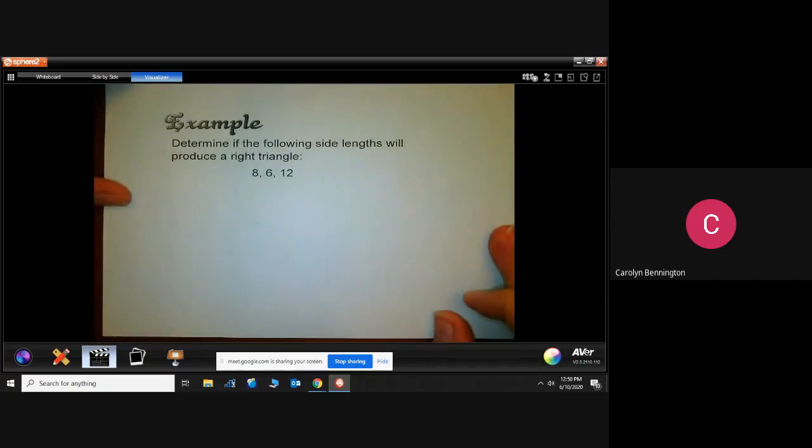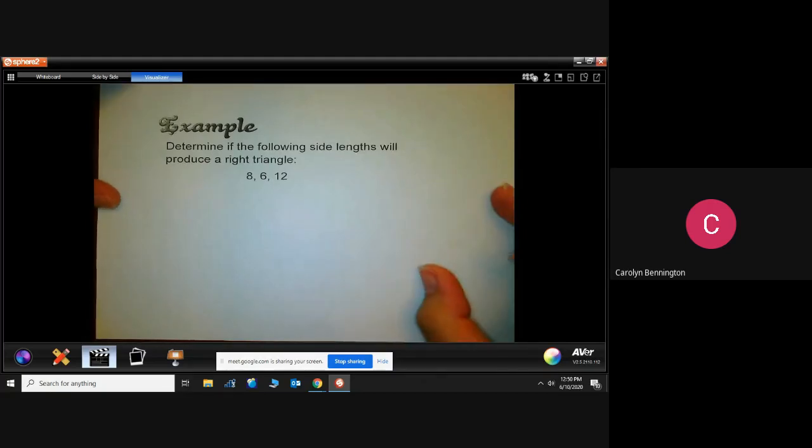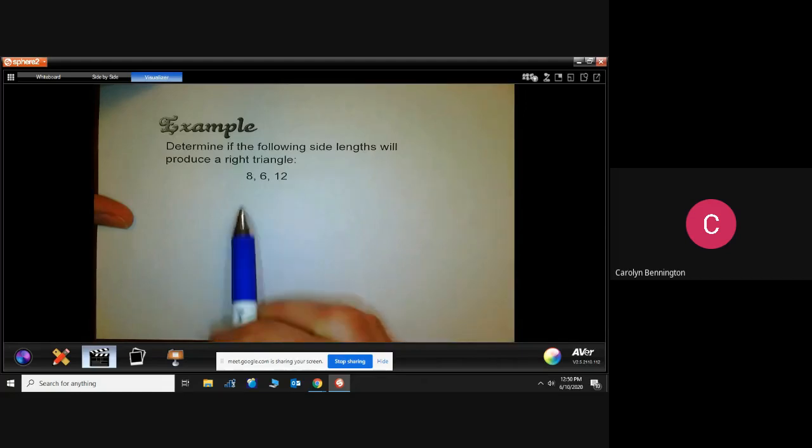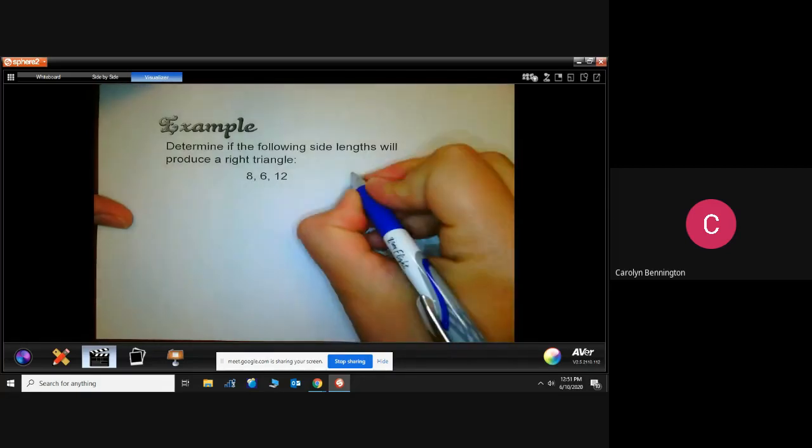So the first one says, determine if the following side lengths will produce a right triangle. For our A and our B, it doesn't matter if we pick the 8 or the 6, but it does matter what number we choose for our C value in Pythagorean theorem, because the C is the hypotenuse, and the hypotenuse is always the longest side.